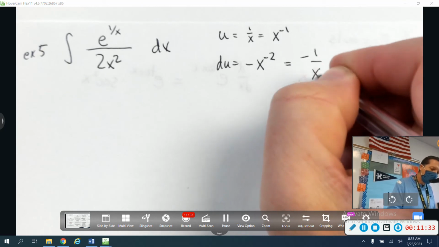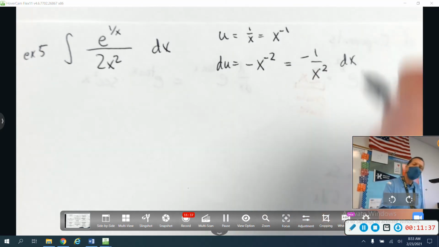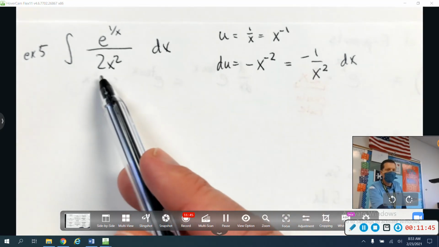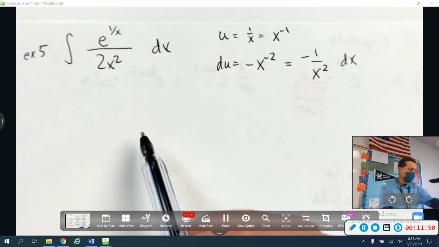So that would be negative 1 over x squared. I would classify that as good news, right? Because we've got an x squared in the denominator. So I'm close. What do I need to do to fix this thing?